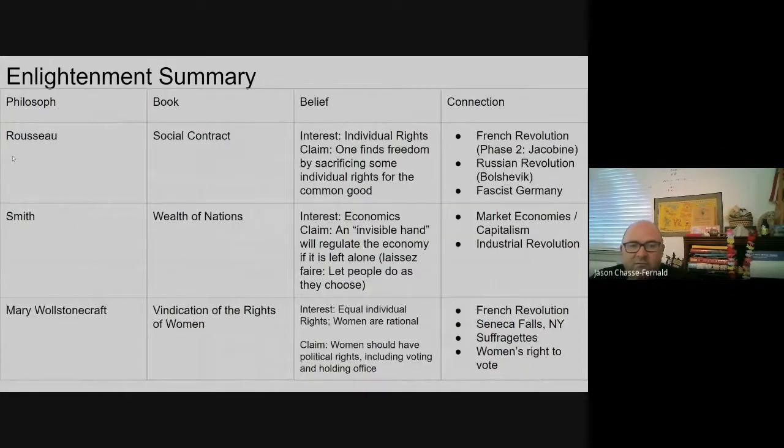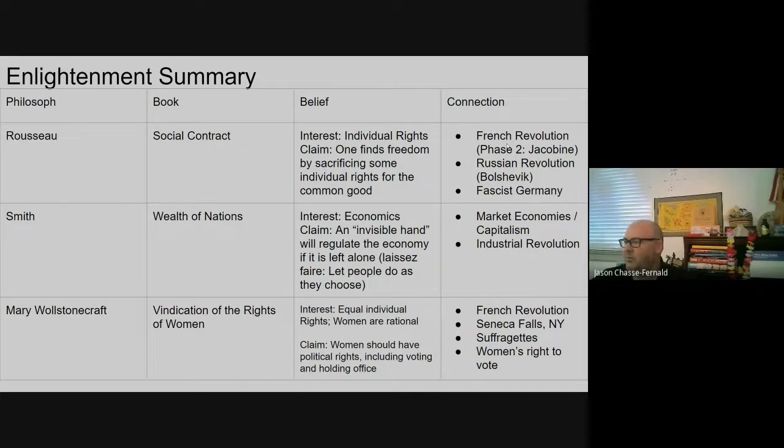All right, Rousseau, right? When you look at Rousseau, the social contract, individual rights, one finds freedom by sacrificing some individual rights for the common good, right? So when we look at this, where do we see this in history?